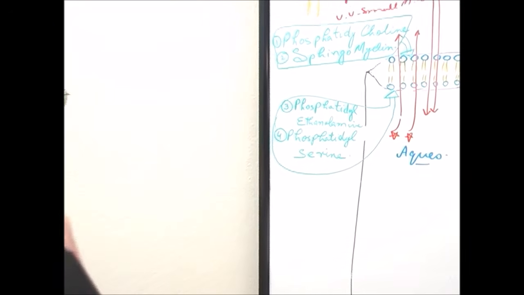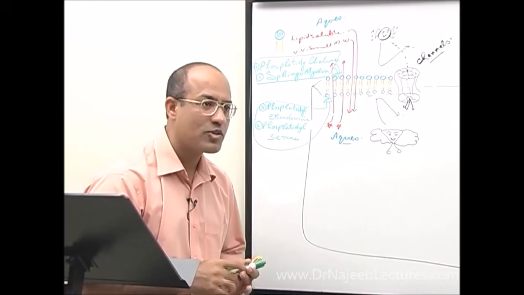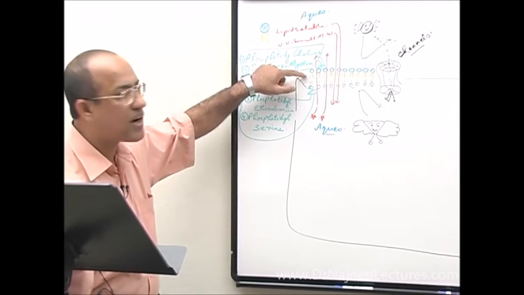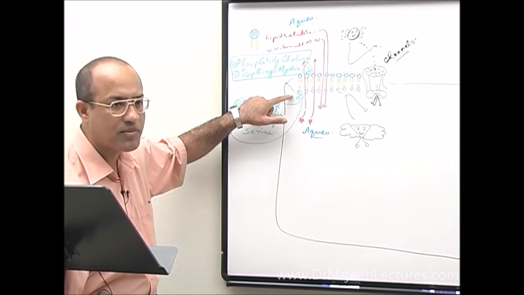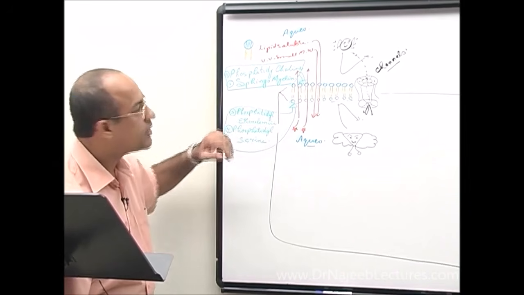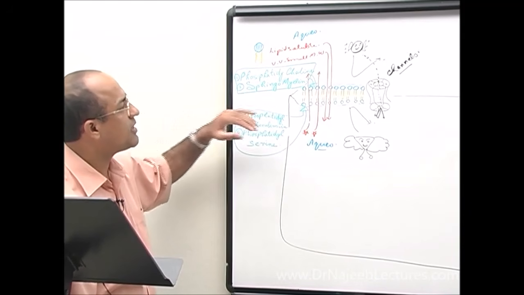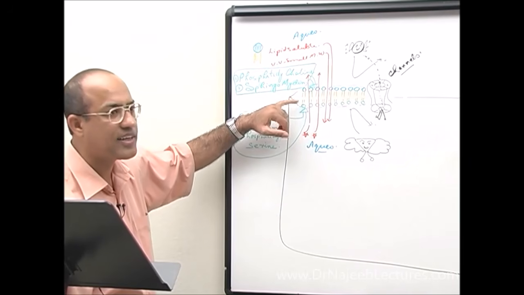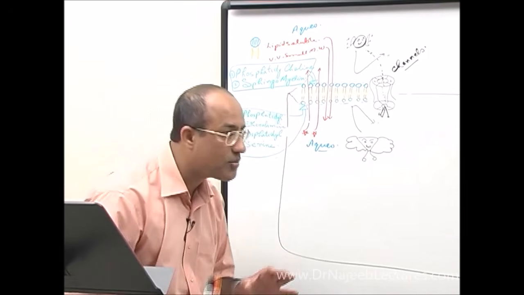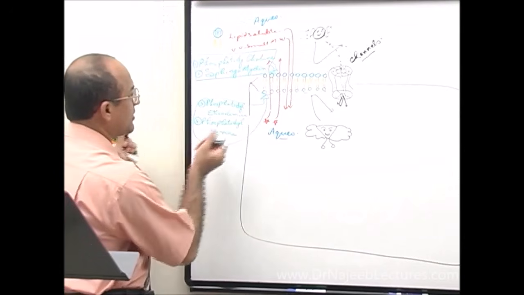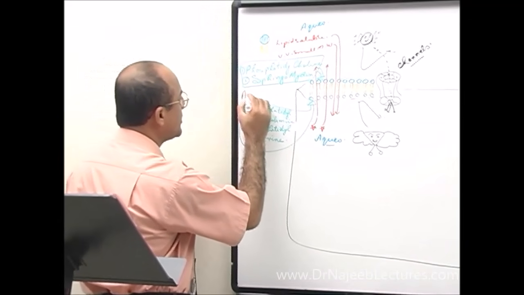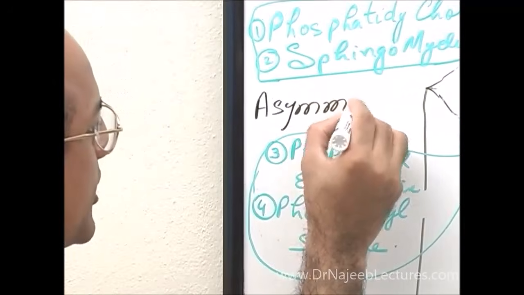Phosphatidylserine, right? Because the phospholipids in the outer part are somewhat different from the phospholipids in the inner part of the membrane, we can say that the cell membrane's outer leaflet and inner leaflet show some degree of asymmetry.